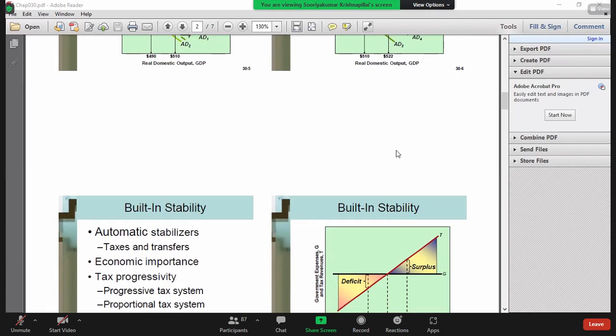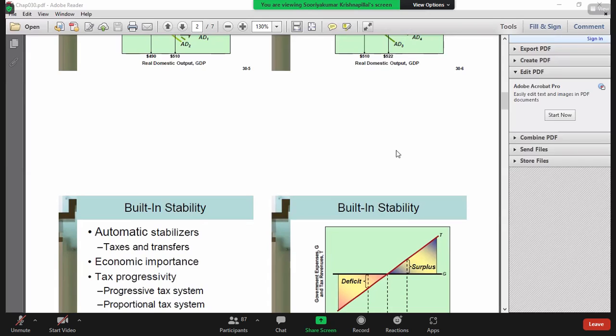So if the income goes beyond full employment, automatically the tax system has a negative effect, then they will reduce the investment and the spending. So then again they reach the equilibrium. When the economy is in recession, government expenditure is the same, but the tax revenue decreases. So again there is a budget deficit.